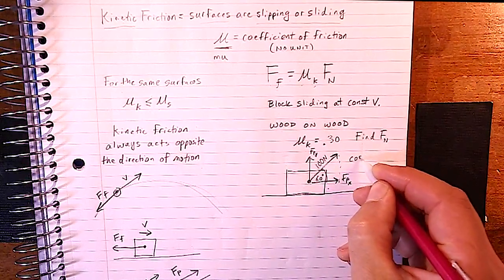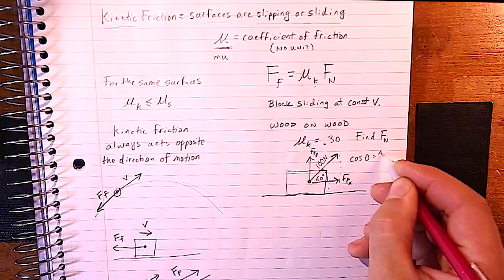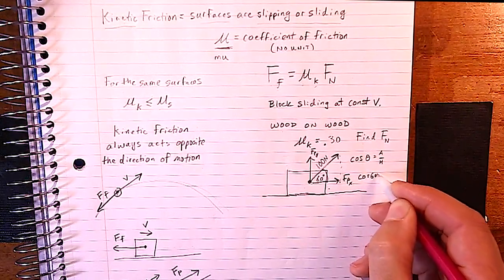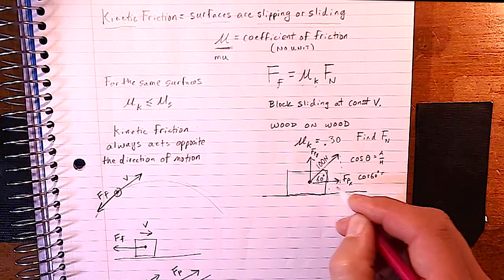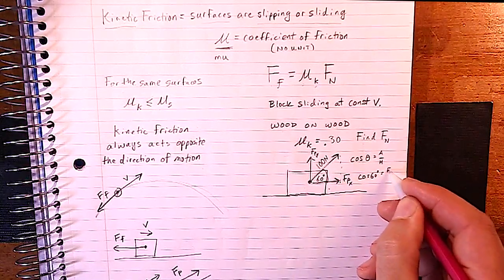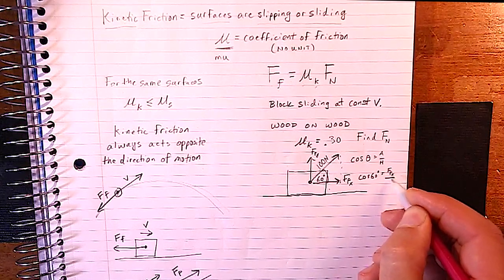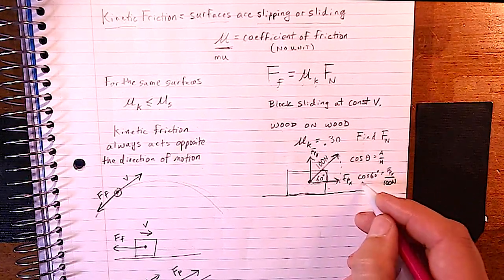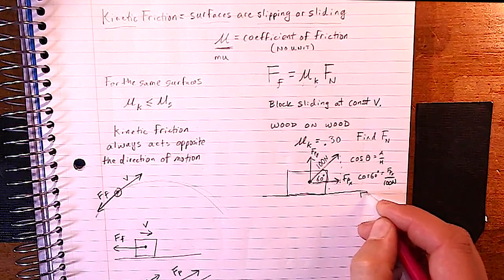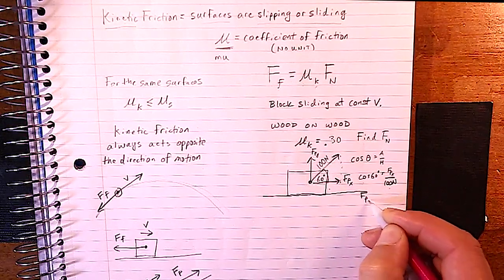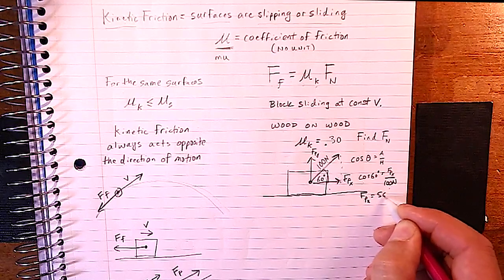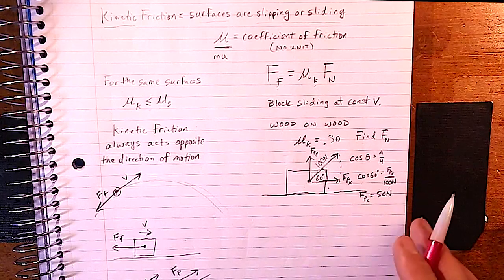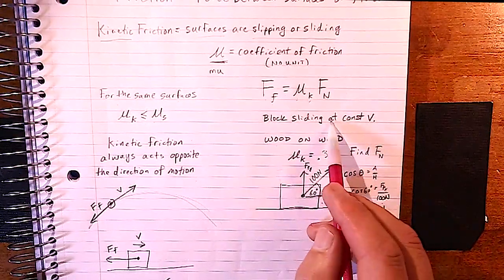So cosine theta equals adjacent over hypotenuse, or cos 60 equals adjacent, which is going to be our Fpx, over the hypotenuse, which is 100 newtons. Cosine of 60 is 0.5. 0.5 times 100 is 50. So we have Fpx is equal to 50. Here comes the most important part. It's moving at a constant velocity.